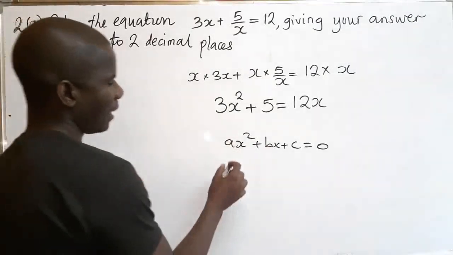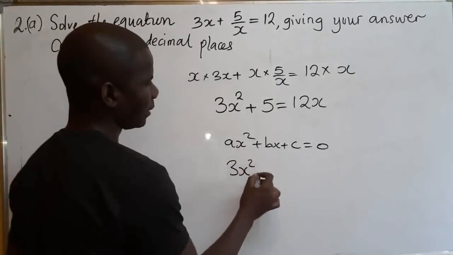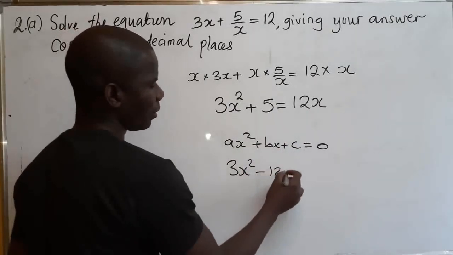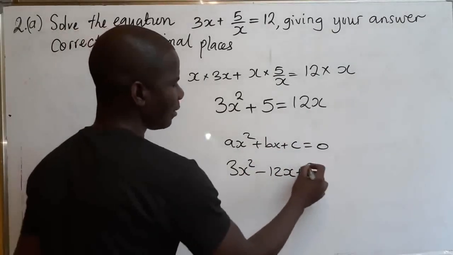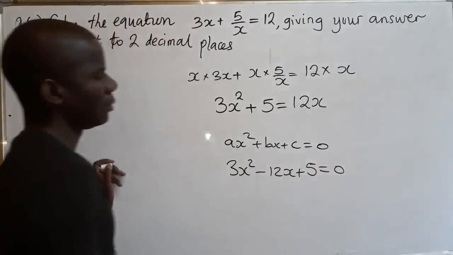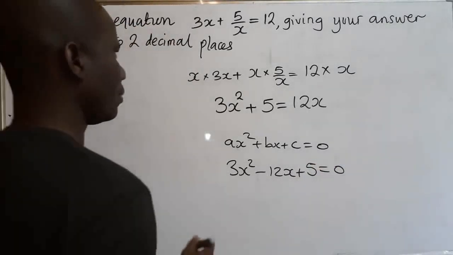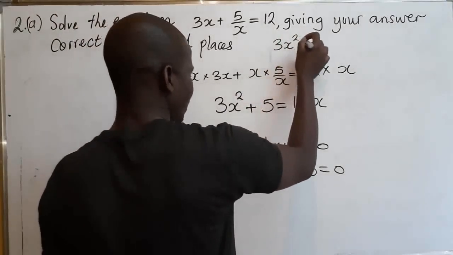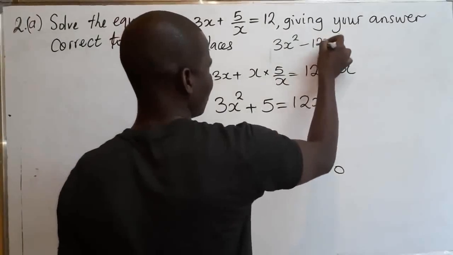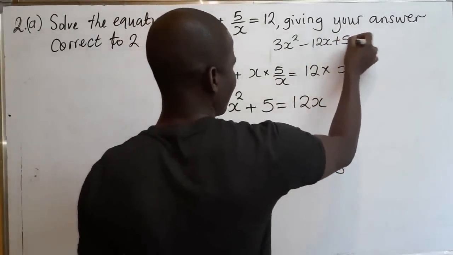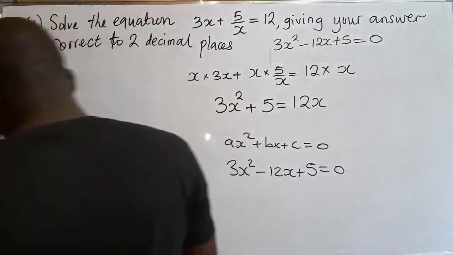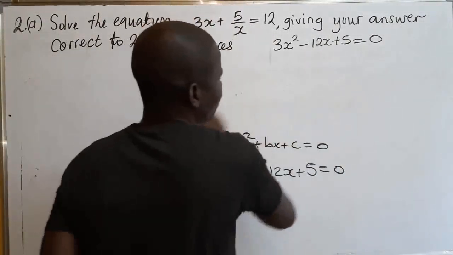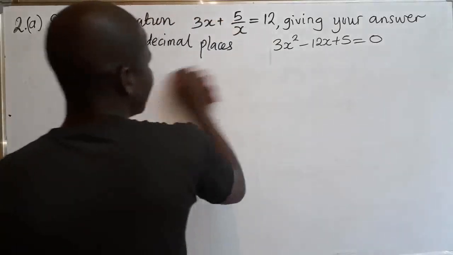We have 3x squared, and this one has to come to the other side, so it will be minus 12x plus 5 equals 0. So 3x squared minus 12x plus 5 equals 0. That's the equation that we're dealing with now. Take note of that.